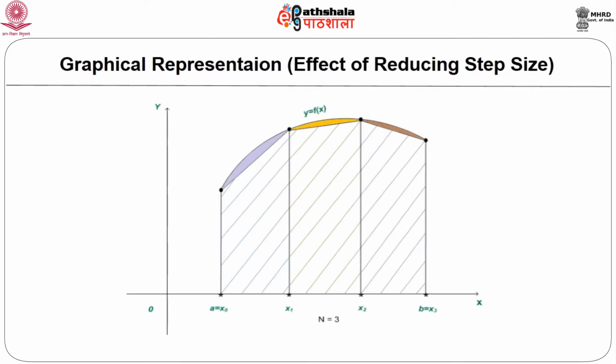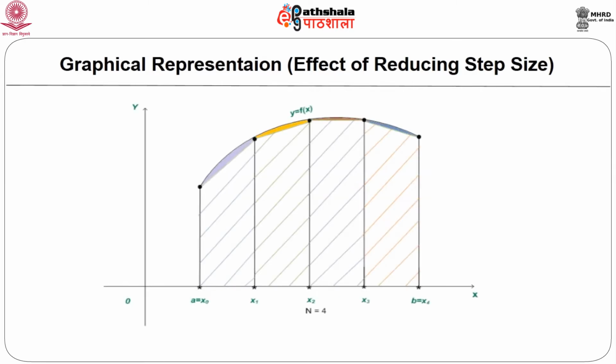Look at the next figure. In this case, n is equal to 3. The number of divisions has become 3 here, and the width of the strips has become further smaller, (b minus a) by 3 this time. And so in this case again the discarded areas, or the error, has further reduced. One more figure has been drawn where the number of subintervals has become 4.